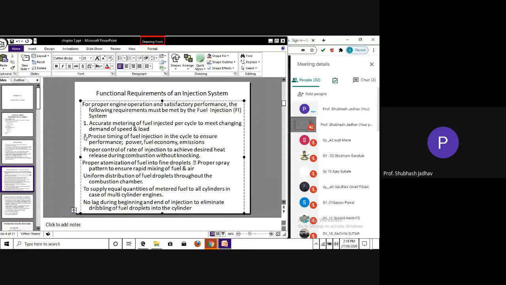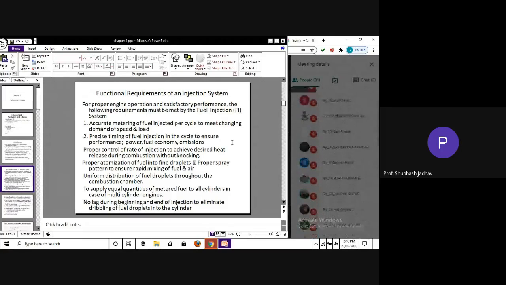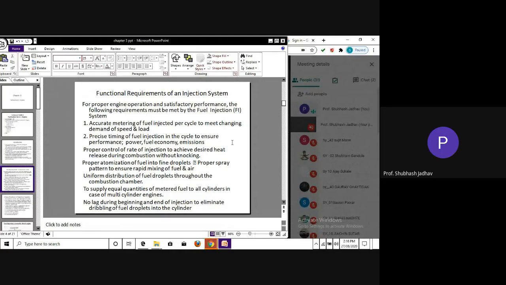Now, the second point is the precise timing of the fuel injected in the cycle to ensure performance, power, fuel economy, and emissions. So, it is not that you can inject the fuel whenever you want. You have to ensure that the fuel is injected as and when required, and according to the requirement of power, whatever amount of performance we want.